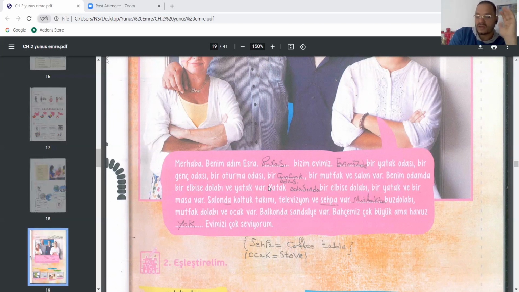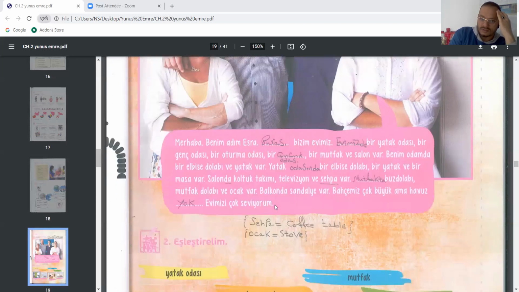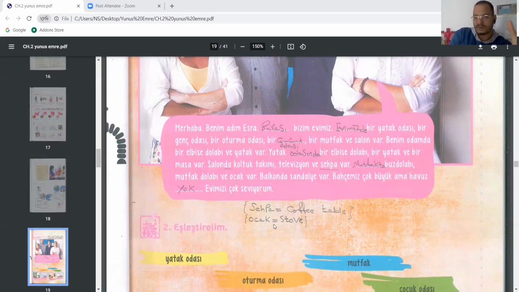I have a chair. Bahçemiz, at our garden. Our garden is very huge, very big. Ama havuz yok. We don't have a pool. Evimizi çok seviyorum. I love my house very much. Ocak, stove. I'm sorry, I forgot it. Ocak, that means stove.